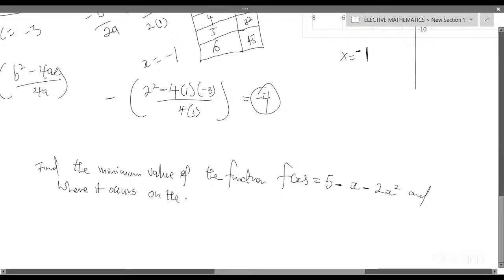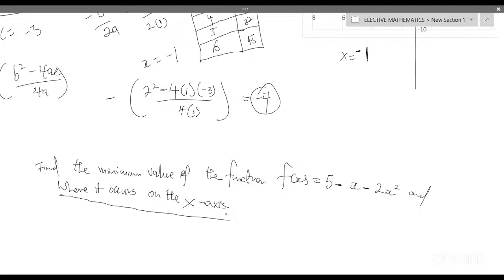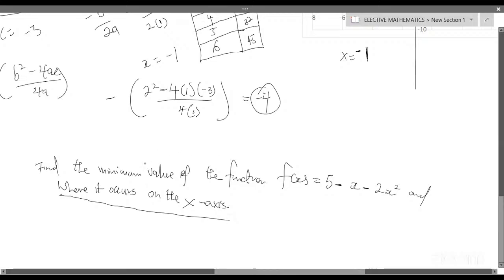on the x-axis. If you don't see the line of symmetry, you see this phrase, where it occurs on the x-axis. In other instances, you can also see the value of x it occurs.